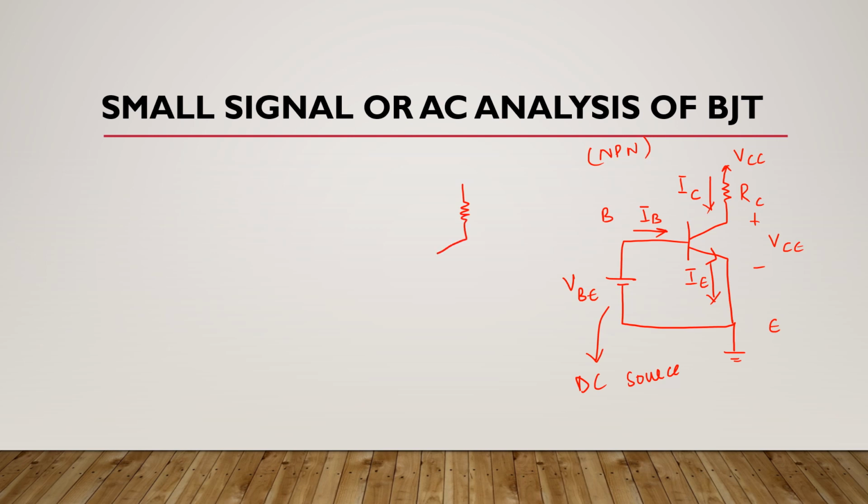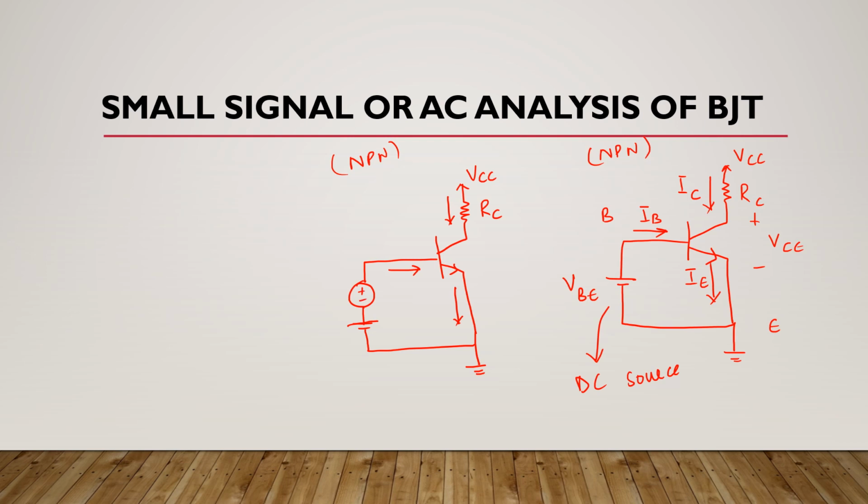Now look at this configuration. Again we have arrow here, it means it is an NPN transistor configuration as well, where here we have supply voltage VCC, here we have RC, this is the direction of collector current, this is the direction of base current, and this is the direction of emitter current.